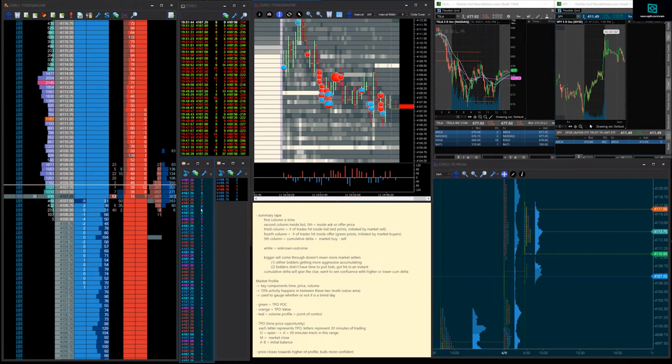For example, during regular trading hours on the Friday session, I saw a bunch of sweep asks hit the market, 200, 300, just running through my filter tape. And the cumulative delta, I think at the time, was negative 4,000, negative 5,000.